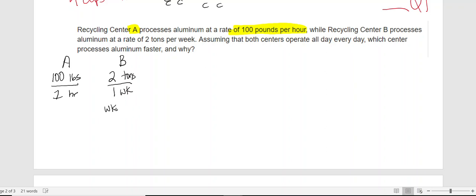And they tell us that it runs all day, every day. So weeks, we could go to days, and then from days, we could go to hours. Then we also need to go from tons to pounds, which means you need to know that there are 2,000 pounds in 1 ton. So we're going to have to convert tons to pounds.